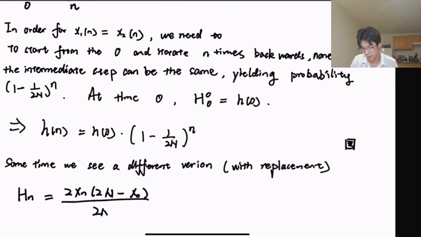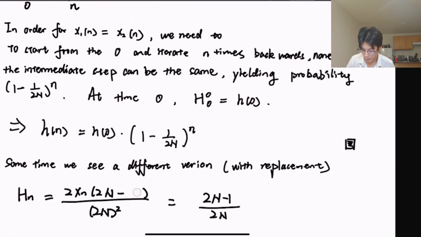This is actually very easy. Instead of having 2n minus 1, meaning that we don't have replacement, now we just have 2n at the denominator, and the numerator is also 2n minus x0. And this equals 2n minus 1 over 2n.